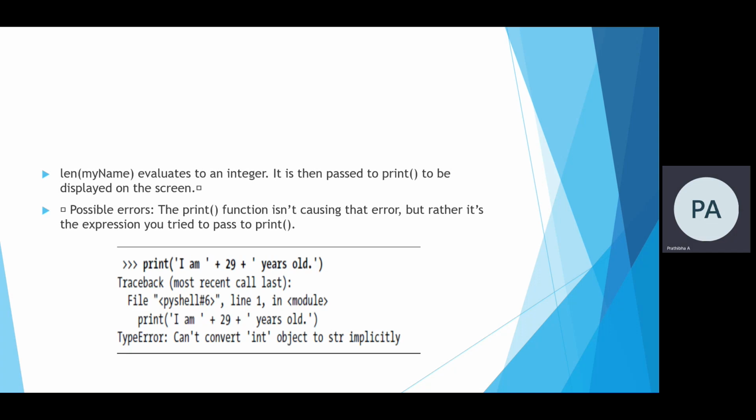Here, len of my name evaluates to an integer. It is then passed to print. You can see here print I am plus 29 plus years old. Here 29 is an integer, not a string. If I try to perform this concatenation operation between a string and an integer, it is not possible and it is going to display an error.